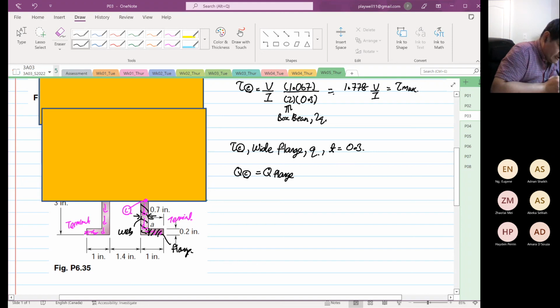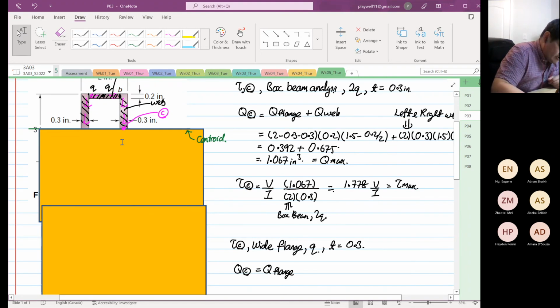So for this case, at point C, the left and right are not connected. So the thickness is always perpendicular to the shear flow Q. Okay, so this at point C is the point of interest. The thickness is also 0.3. Abika, does that make sense to you, or are you still confused over there?